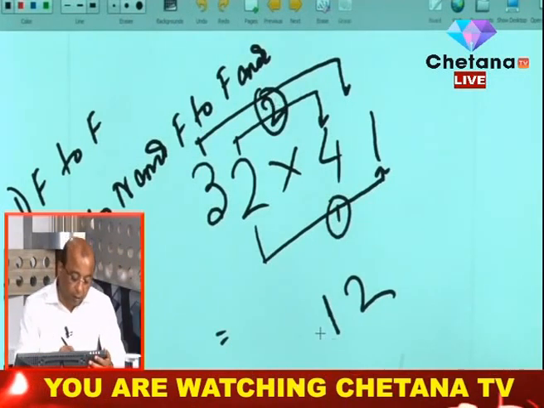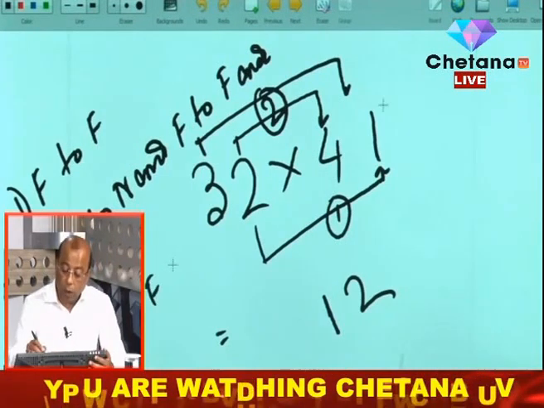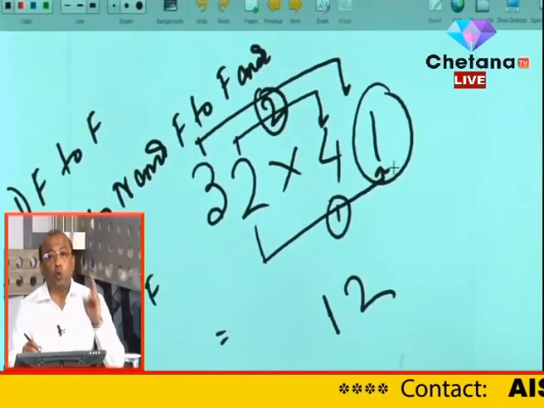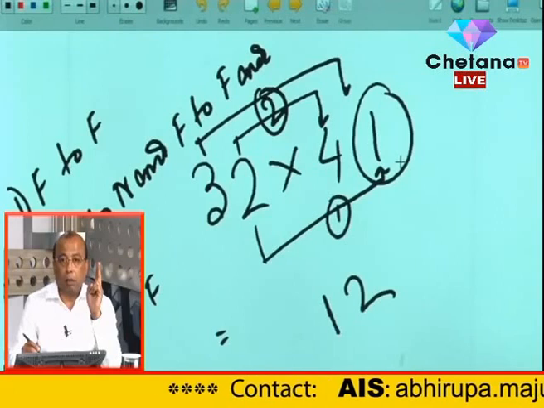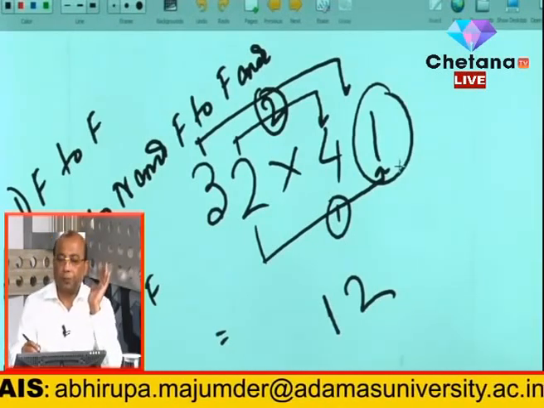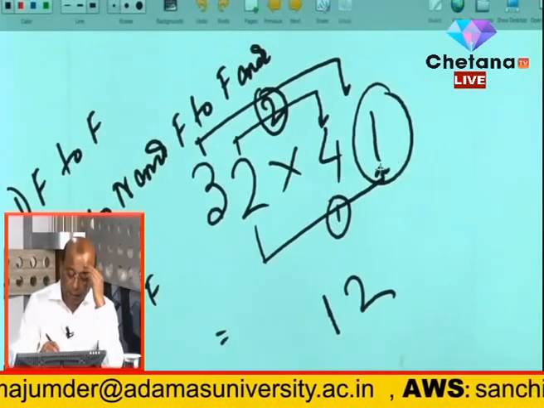And the third part is far to far with respect to 3. 1 is the far to far, but already we have used 1 2 times, right? We cannot use the 1 numbers more than 2 times. So we have to take care.